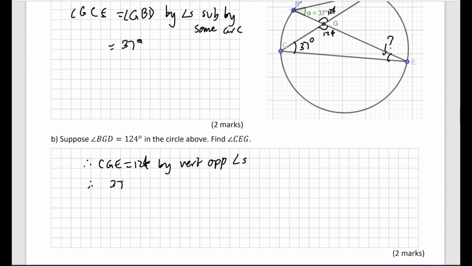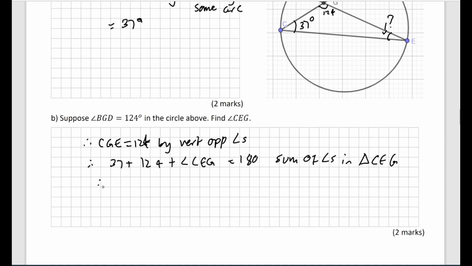Therefore, 37 plus 124 plus our mystery angle, angle CEG, equals 180. And this is sum of angles in triangle CEG. So that's 37 plus 124.